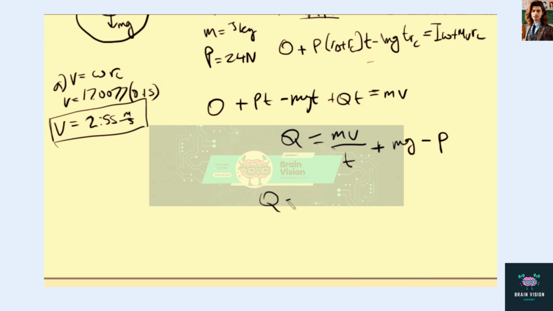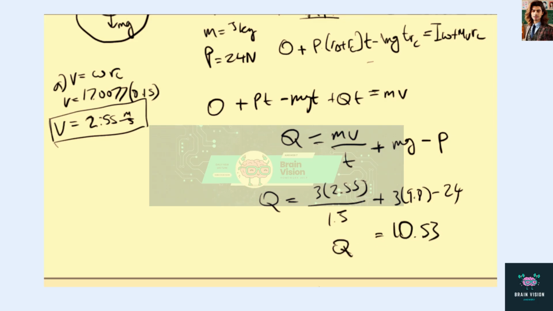So this is going to give us 3 times 2.55 over t, which is 1.5, plus 3 times 9.8 minus 24, and that gives us a tension force of 10.53 newtons.